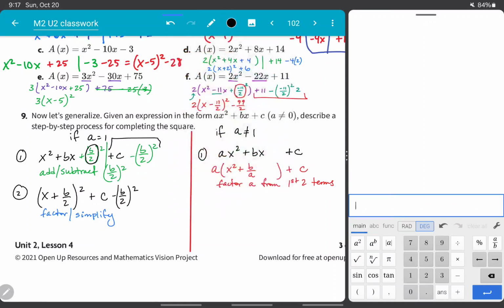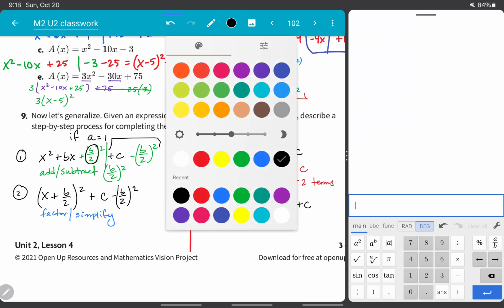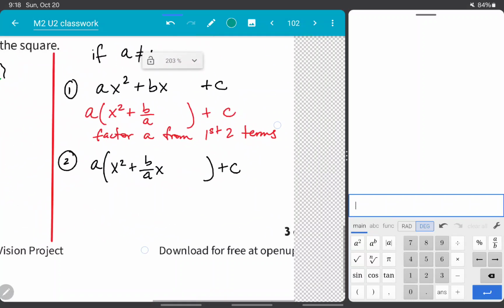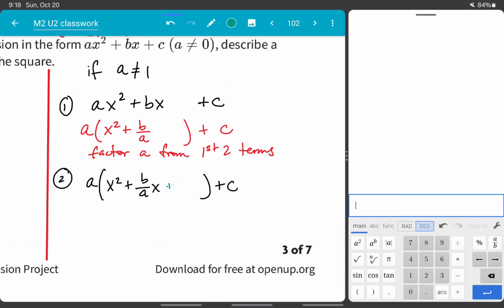Then in step 2, we're going to complete the square. So you're going to have this a on the outside. You're going to have x squared plus b over a x. We'll leave a little space, plus c. And when we complete the square, you're going to be adding half of b over a, squared, here.